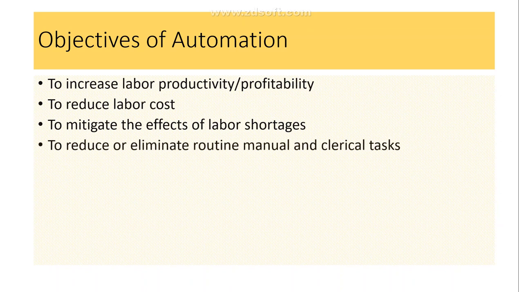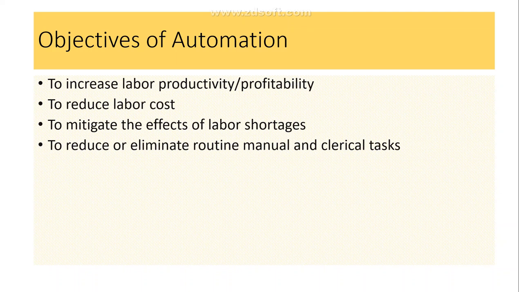Next is to reduce or eliminate routine manual and clerical tasks. A simple example is maintaining accounts. Earlier we did it all manually: debit, credit, journal entries, trial balance, and an accountant had to write it all down in books.